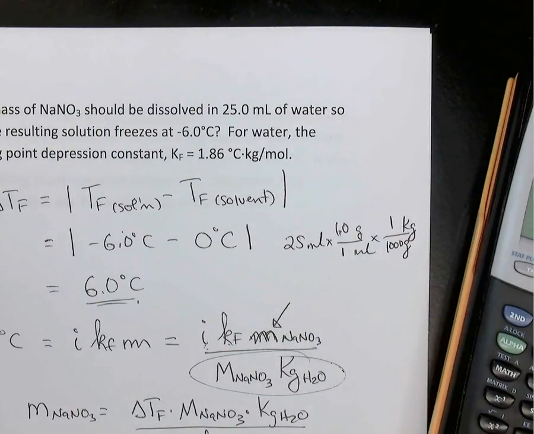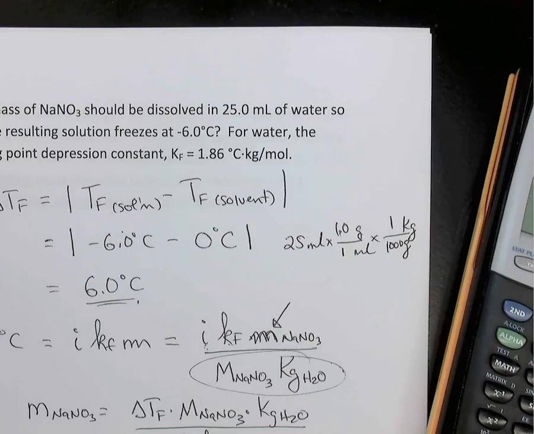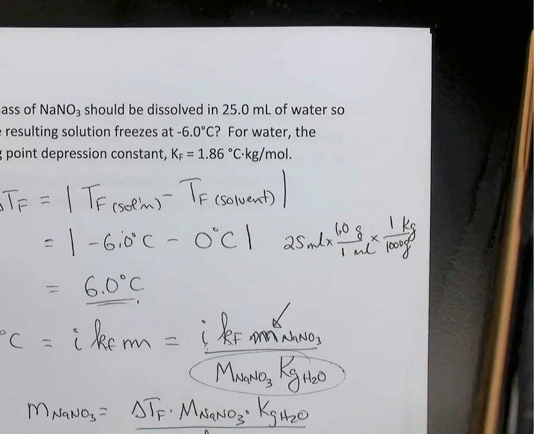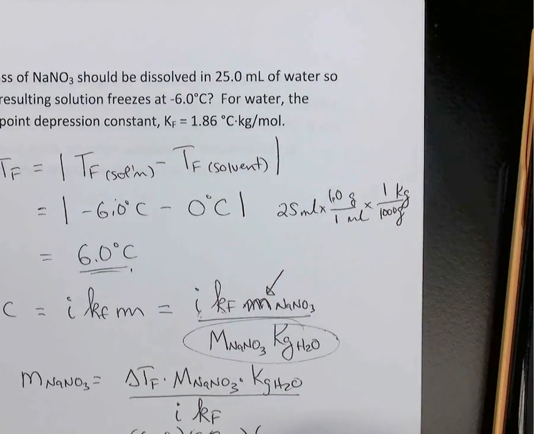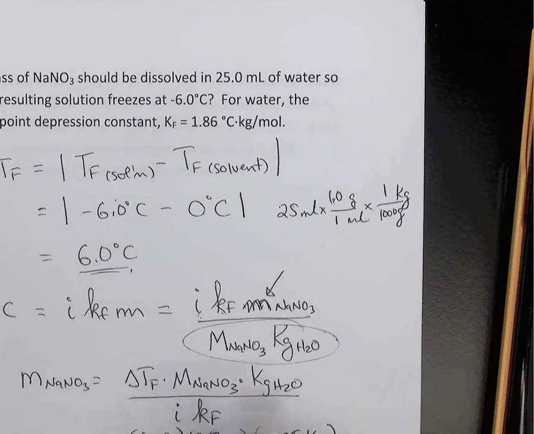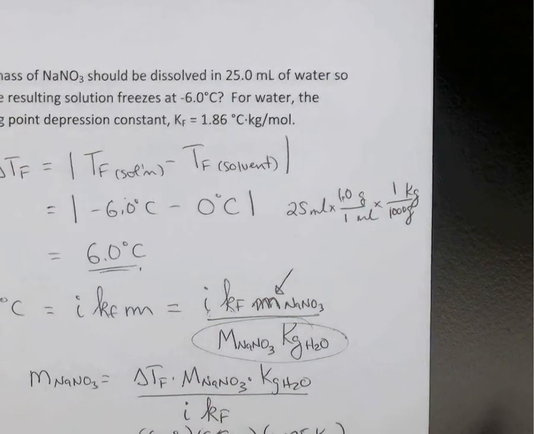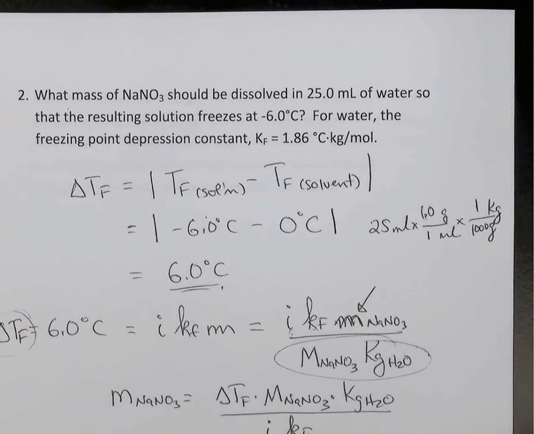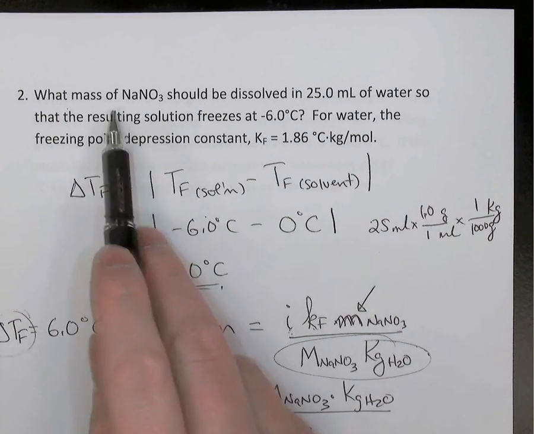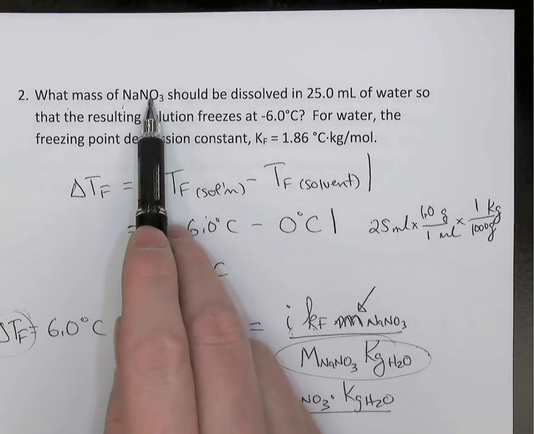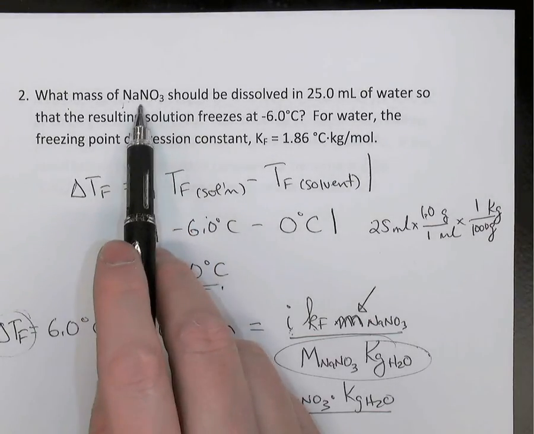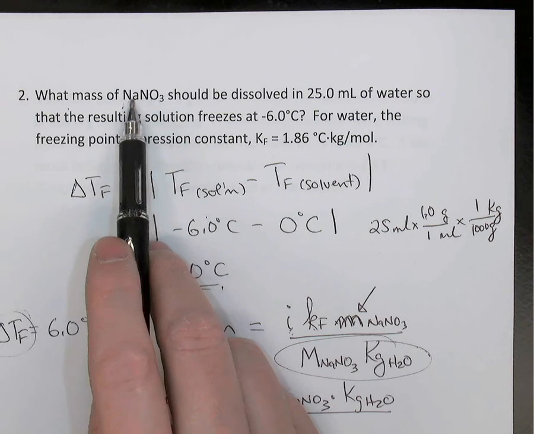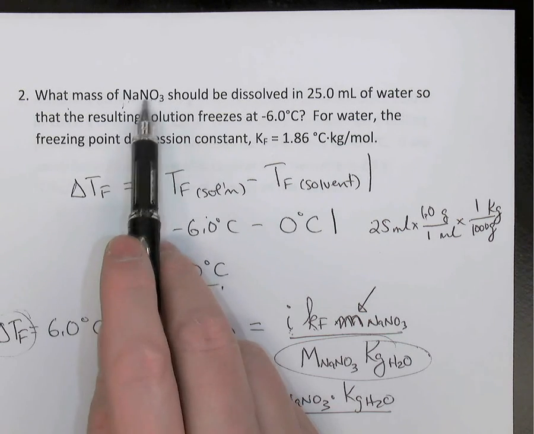25 milliliters divided by 1,000 then is 0.025 kilograms. Now what's the value for I? I again is the Van Hoff factor, which comes from the solute, and our solute is sodium nitrate, which is clearly a salt, an ionic compound, and it has just 2 ions, Na plus and NO3 minus.